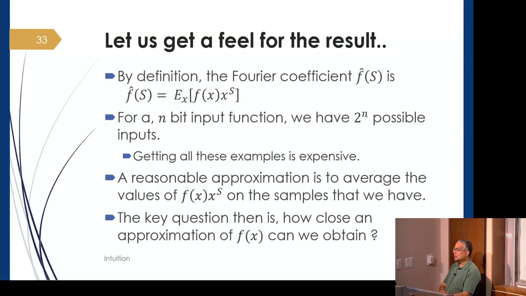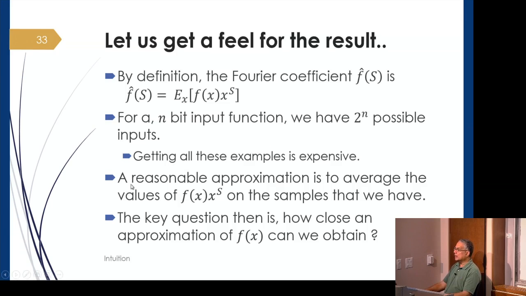So without going into the formalism, because that's the topic for the next lecture, very briefly, what we will be doing is, we know that f hat S is defined, going from our old lectures, to be in this form. So given an n input function, we have 2 to the n possible inputs, and to recap, using all of them is expensive, which is the whole point of what we're trying to do now, exploit sparsity.